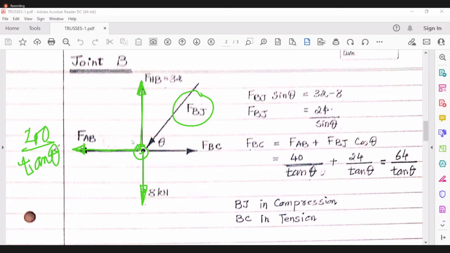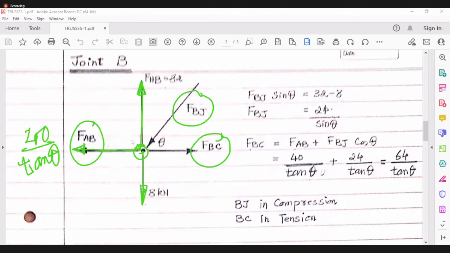Now, let us consider the balance in the x direction. If we consider balance in the x direction, we don't know which way FBJ is. But one thing is sure, sorry, we consider the y direction. FAB does not have a y component. FBC does not have a y component.